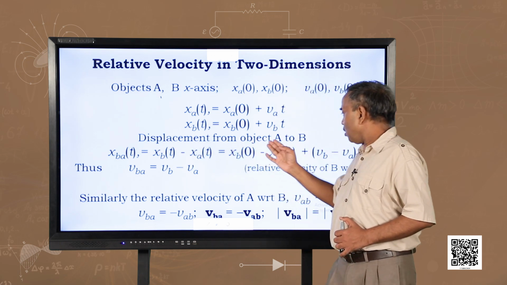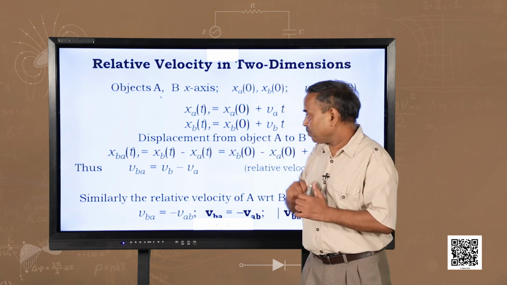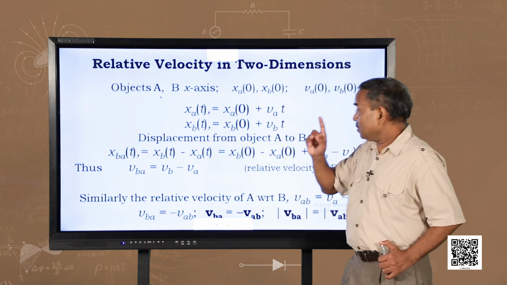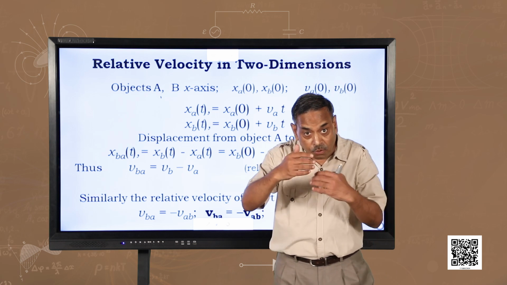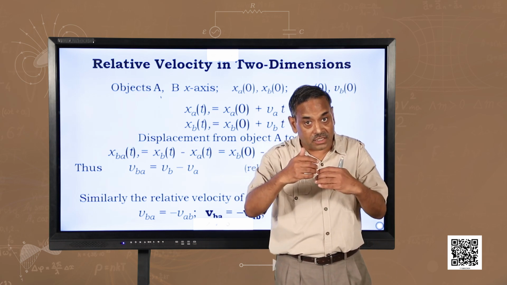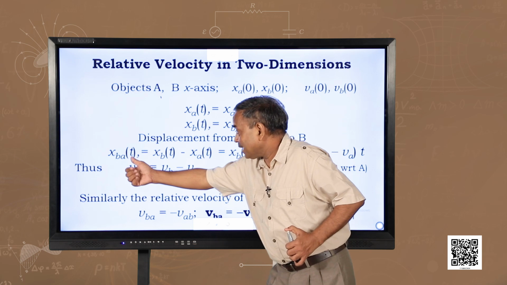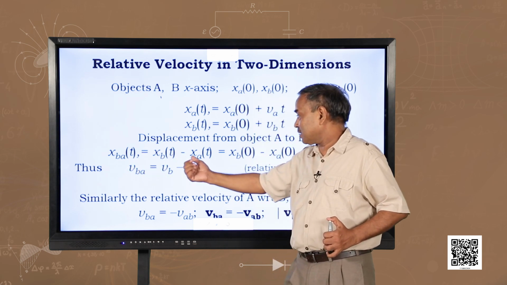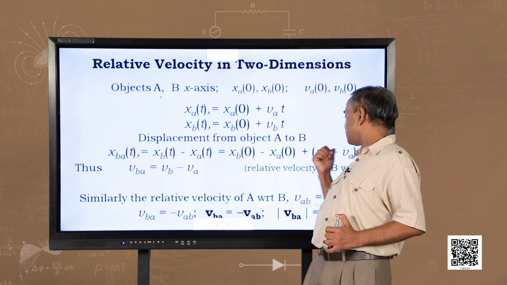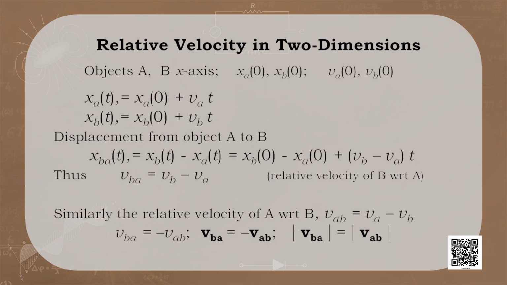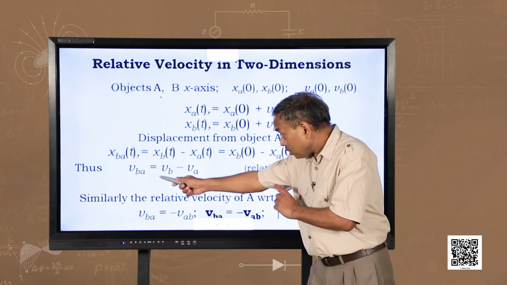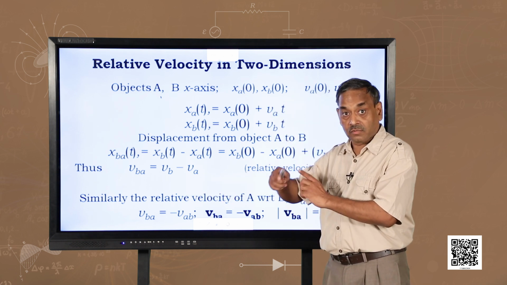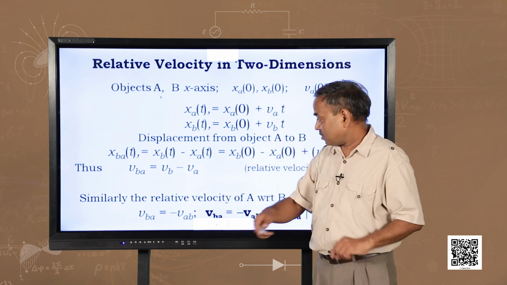Now, the displacement from object a to b, as seen by object a, the relative positions we are seeing, friends, can be given by x b a at t, which is nothing but x b at t minus x a at t. With this explanation of coordinates, you can find the relative velocity of b with respect to a is equal to v b minus v a. I am talking about magnitudes here, and obviously, this will go along i and j as the case may be.